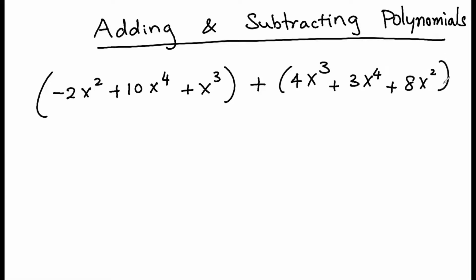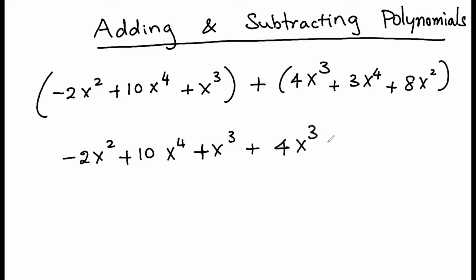Now, how do we do this? We write the first polynomial as it is. So this is going to be negative 2x squared plus 10x to the fourth plus x cubed. Whenever we are adding polynomials, we are not changing anything with the second polynomial as well. So I'm simply going to write the second polynomial as it is, connecting the two polynomials with the addition sign in between.